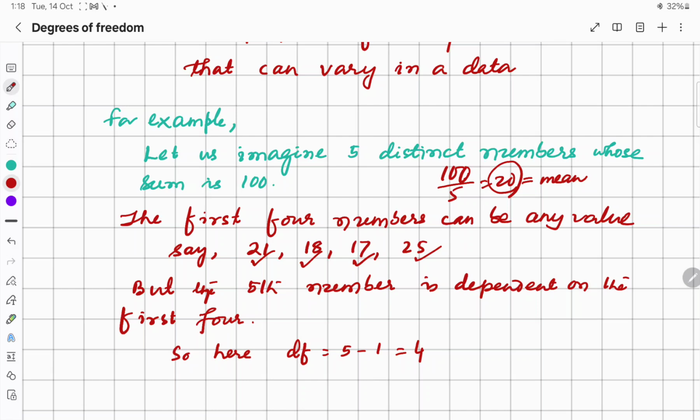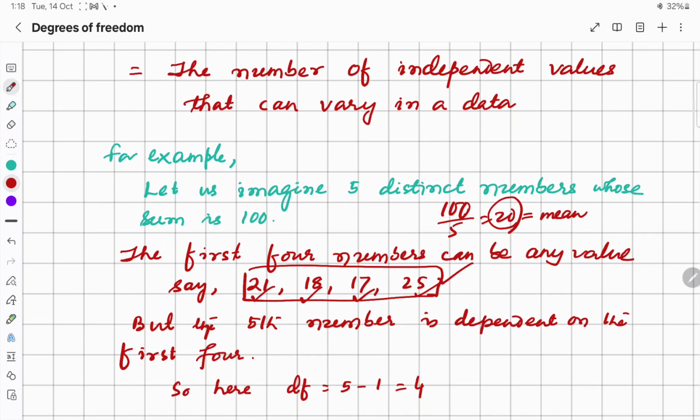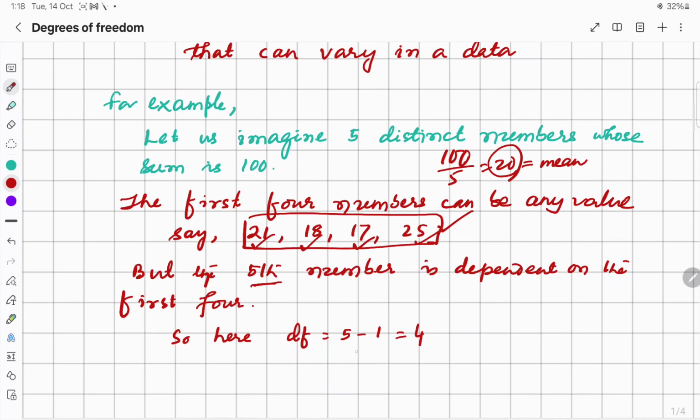But for the 5th number, we have to add all these 4 and then subtract it from 100. That means the 5th number is dependent on the first 4 numbers. So as per the definition, the number of independent values that can vary, that is these 4, not this 5th one. So here degree of freedom we can have 5 minus 1 is equal to 4.